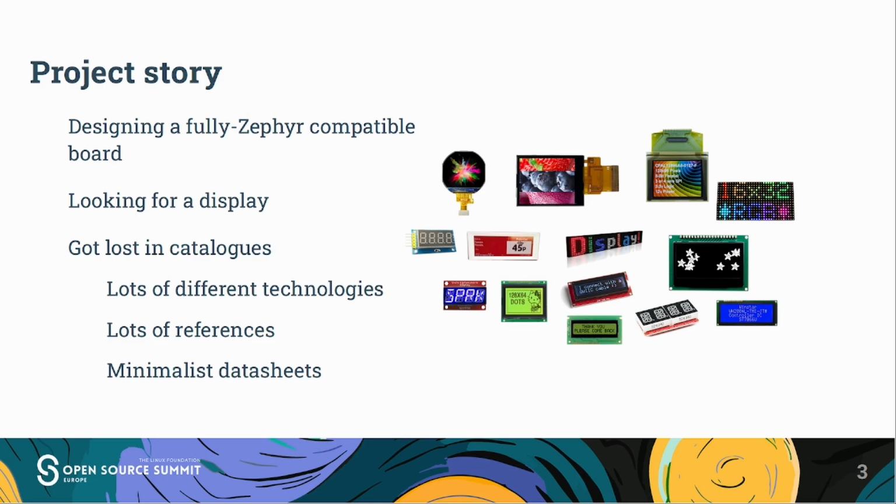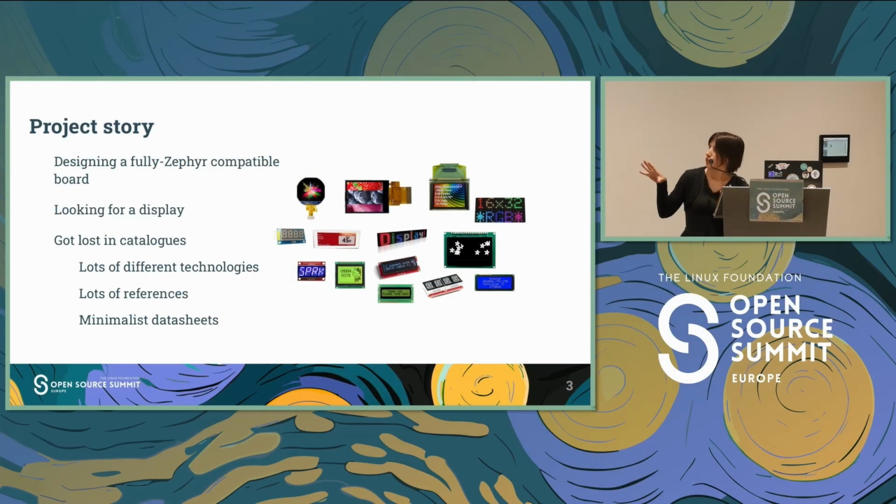I have a pet project. I have a custom board design and I wanted a display for it. So it was my first time going shopping for one of those. First, I had some requirements. I wanted it to be compatible with Zephyr out of the box, no driver writing involved. And I did not want a ready-made shield.